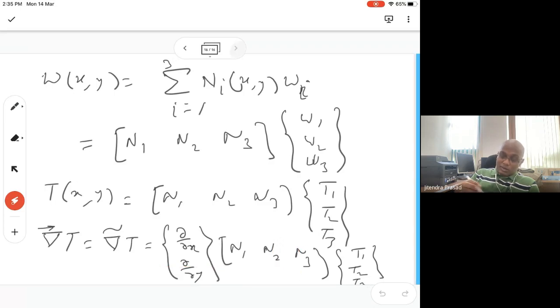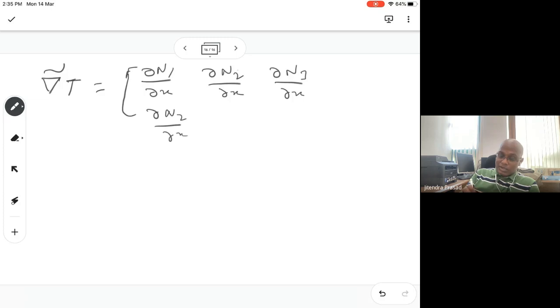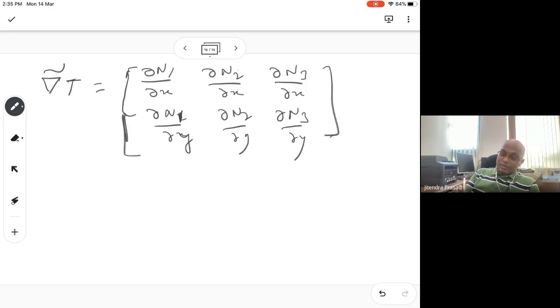So this will simply be del N1 over del x, del N2 over del x, del N3 over del x, and del N1 over del y, del N2 over del y, del N3 over del y, and then you have T1, T2, T3.